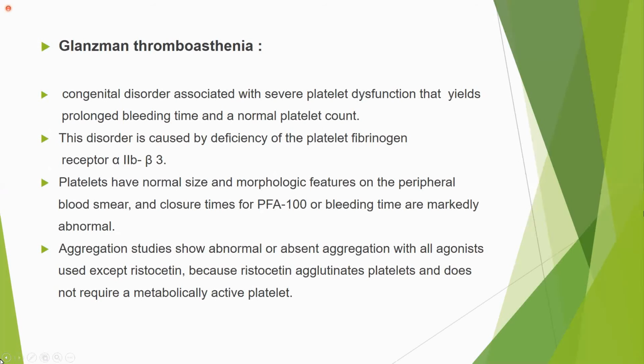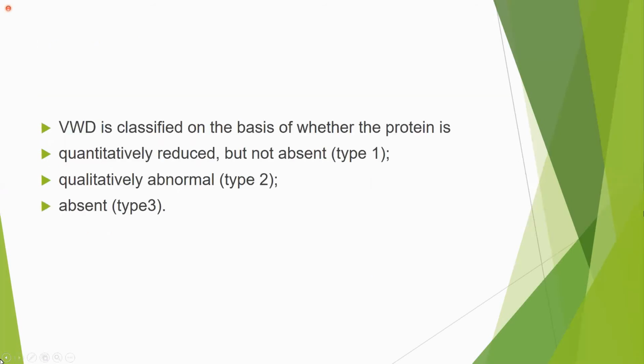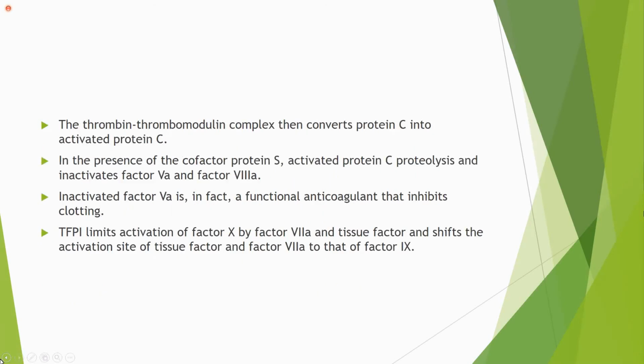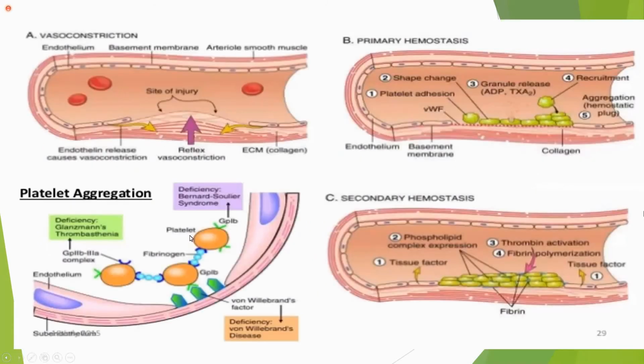You can understand this by this picture. You see here, Bernard-Soulier occurs because of the deficiency of this glycoprotein 1b receptor, which is present on the platelets, and it binds to the von Willebrand factor.